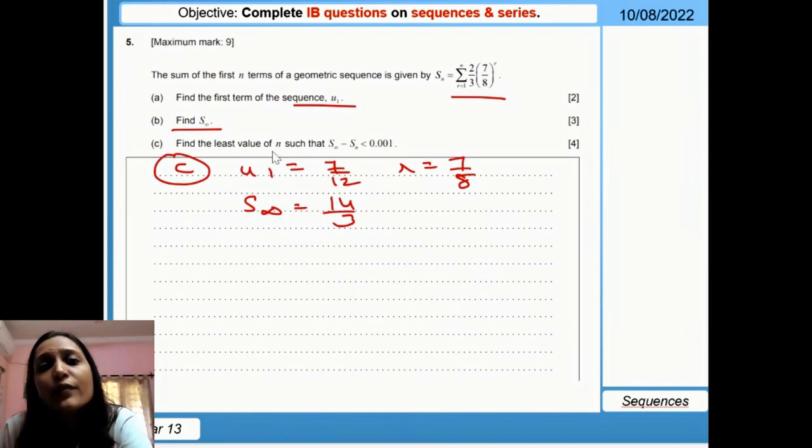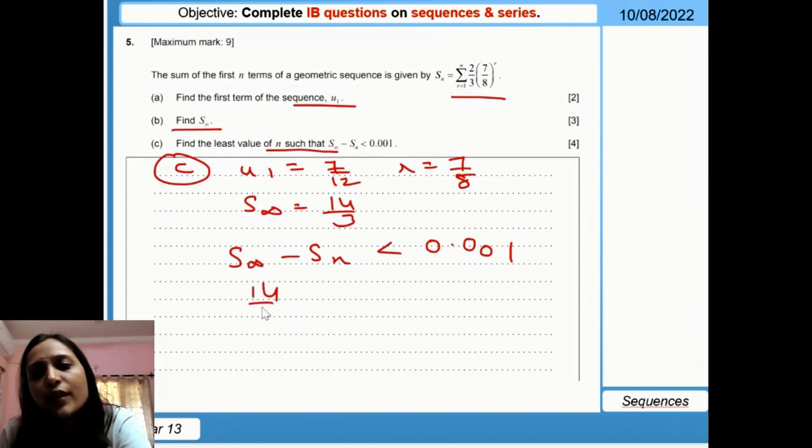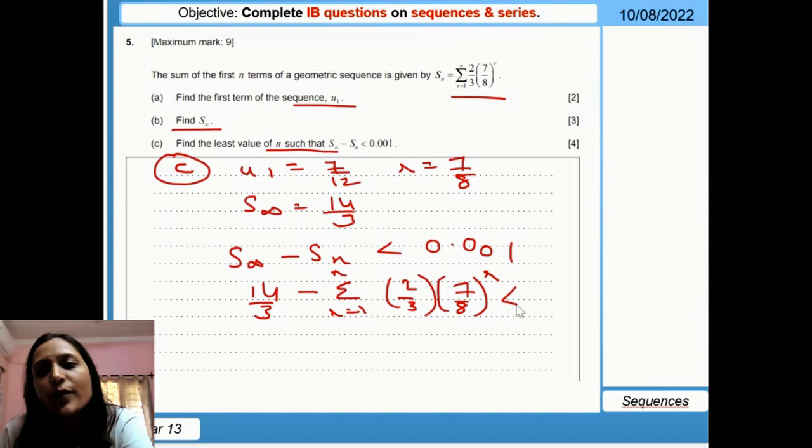The C part is we have to find the least value of n such that S infinity minus Sn is less than 0.001. So we know that S infinity, we calculated it in the B part as 14 by 3. And then Sn is given by the sigma notation, r equals 1 to n of 2 by 3 times 7 by 8 to the power r, and this should be less than 0.001.